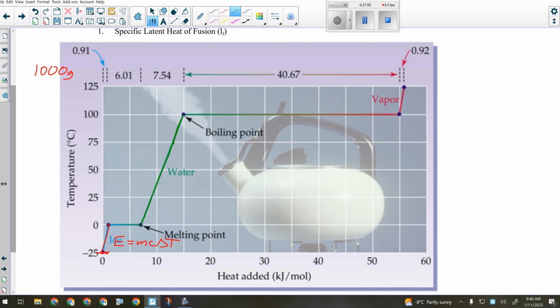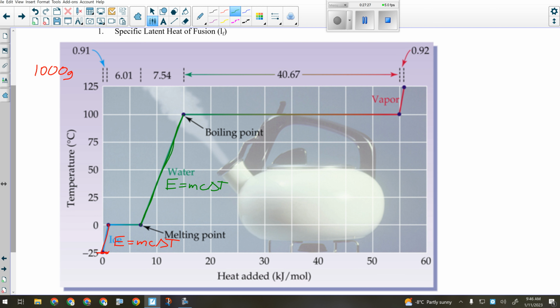A similar thing is happening in this part of the graph. Right here, I'm also increasing the kinetic thermal energy, but now I have liquid water. As I add that thermal energy, the temperature would change, and again, I would use E equals mc delta T to calculate how much energy would be required to heat 1,000 grams of water from 0 to 100 degrees Celsius.